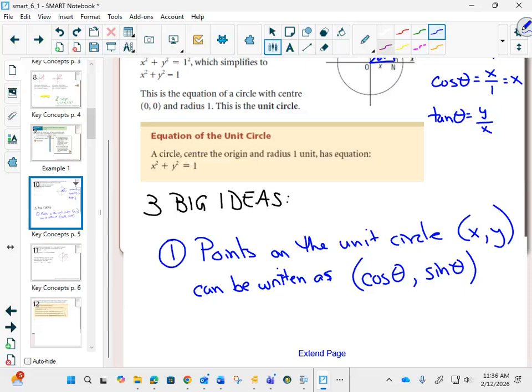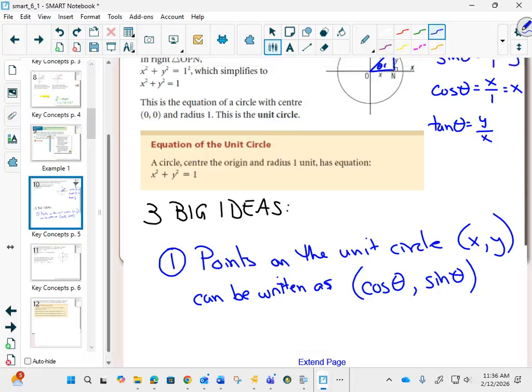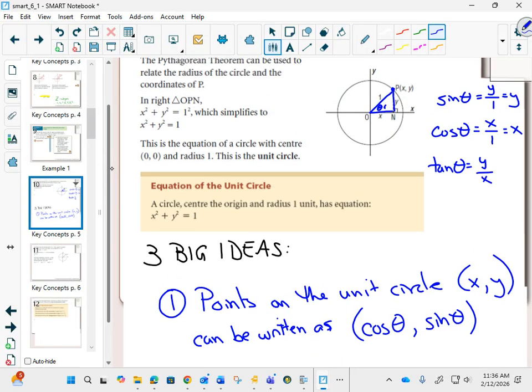So from that triangle, we solved for sine of theta, we found out it's equal to y. That means we can replace y's with sine of theta. We can replace x's with cos of theta. Any point on the unit circle, the x-coordinate is equal to cos of theta, the y-coordinate is equal to sine of theta. And if x is cos of theta and y is sine of theta, that actually gives us big idea number 2.